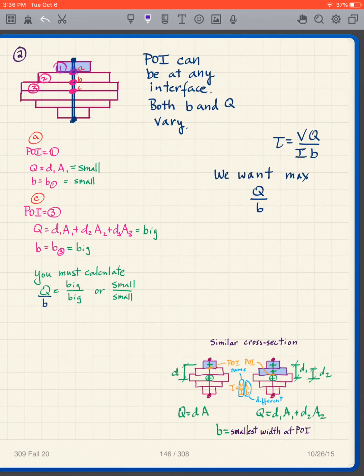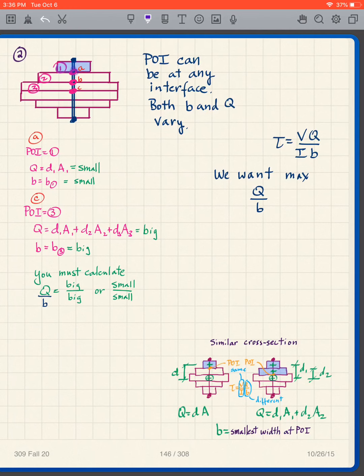Q is equal to D1A1, that's a small number. B1 is also small comparatively. So my Q for point C is big because it's got all these terms here. But also B3 is big.